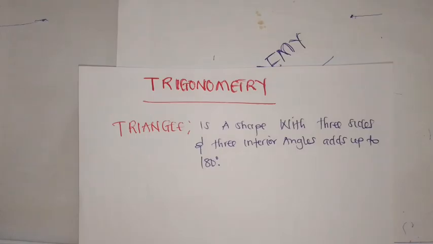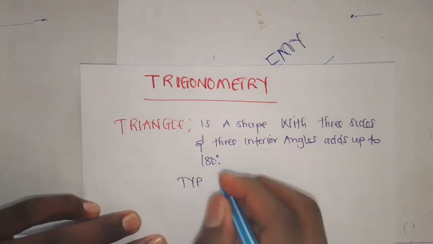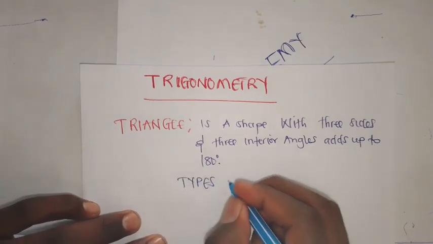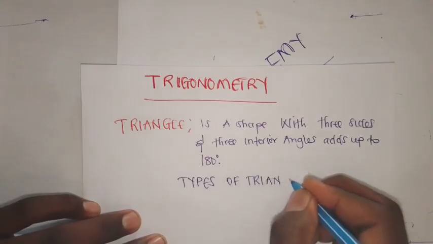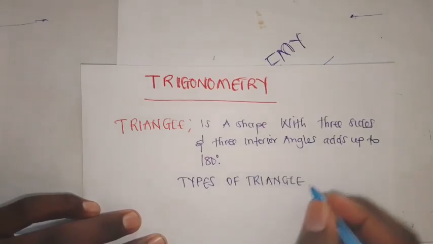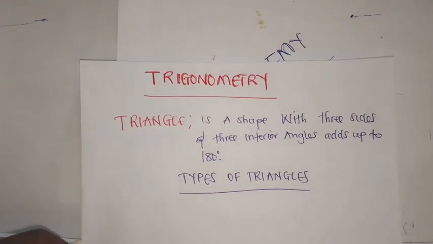Now let's talk about the types of triangles. Trigonometry is all about triangles at your level, secondary level or O level.